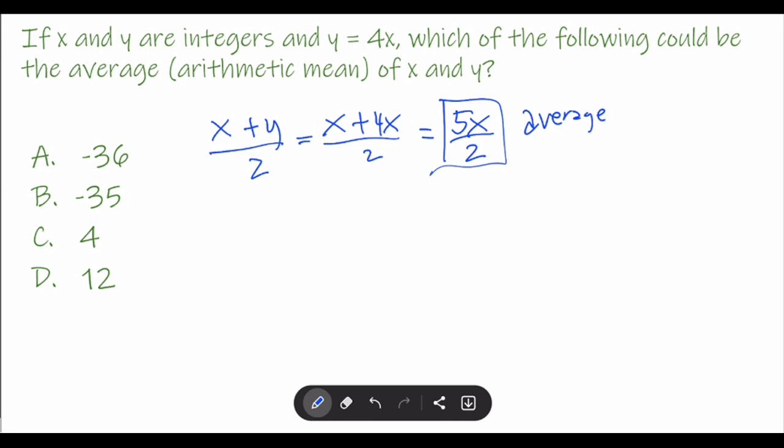So which of the following could be the average? We'll try the first one: 5x over 2 equals negative 36.